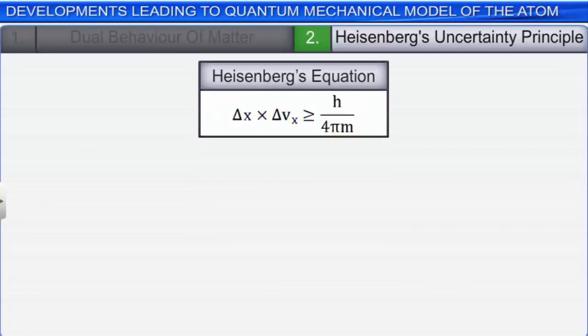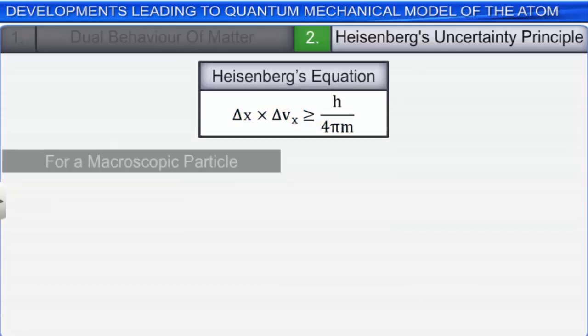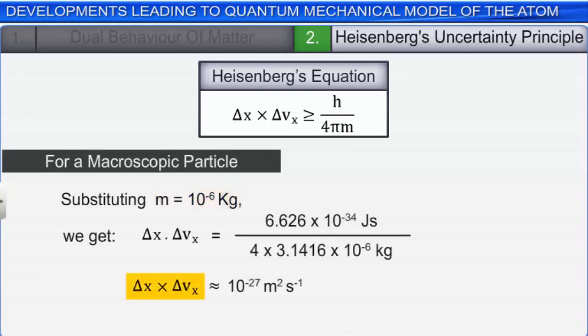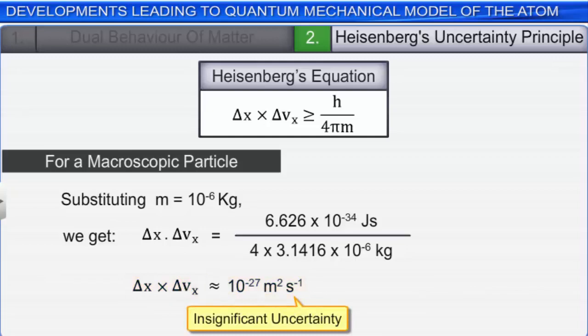For example, if the uncertainty principle is applied to a macroscopic object, an object weighing a milligram, 10 to the power minus 6 kg, the value of the product of delta v and delta x is extremely small. Therefore, the associated uncertainty is also insignificant.